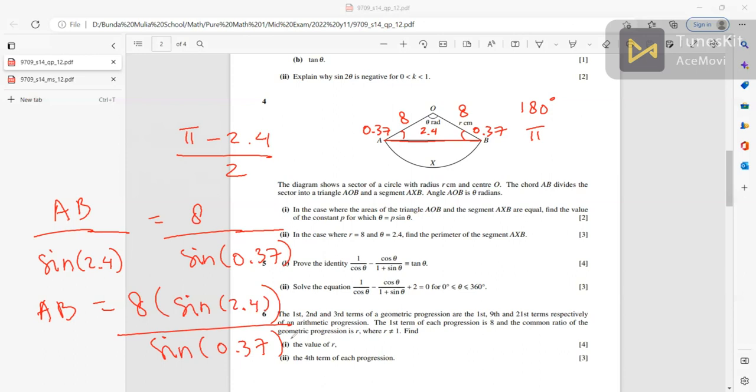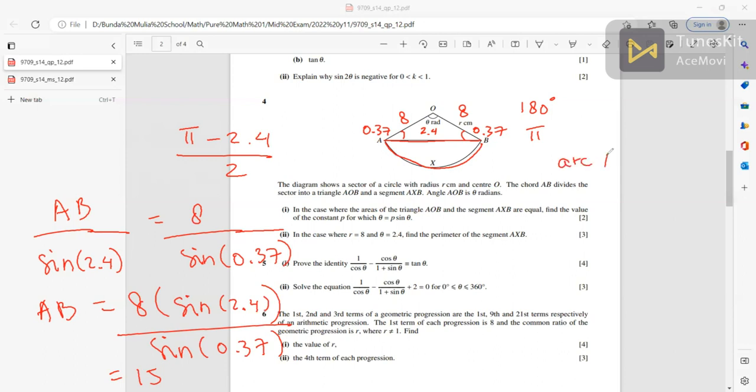So here I got 15. And then we have to find the arc length of AB.